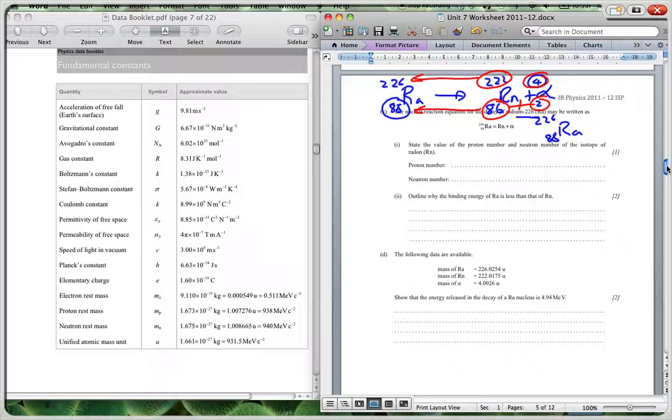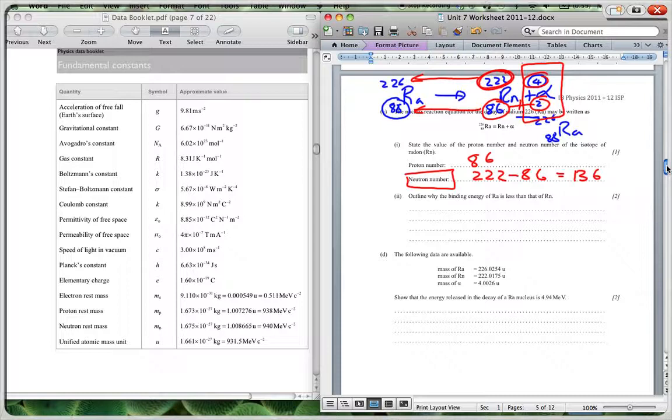It is important that you know what an alpha particle is. That's standard knowledge that you need to know. So this is 86. Now here we are looking at your neutron number. So it's 222 minus 86, and obviously that is 136.